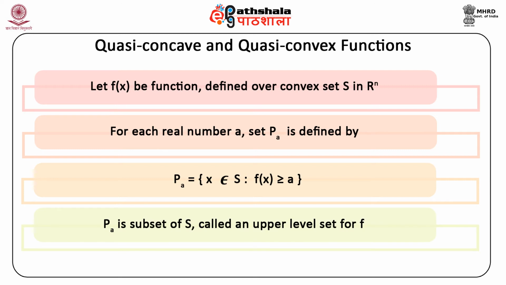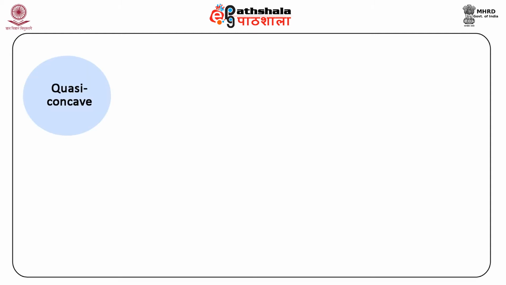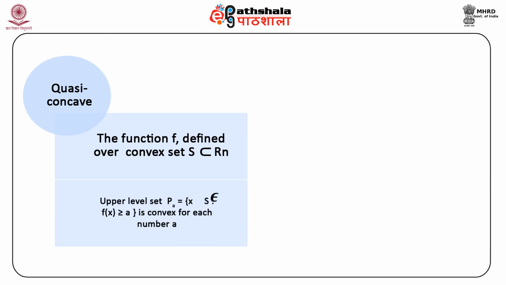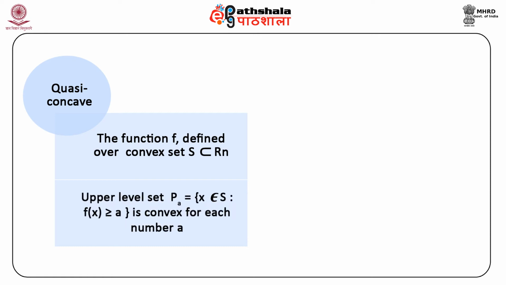Then Pa is a subset of S that is called an upper level set for f. Quasi-concave. The function f defined over a convex set S in R^n space is quasi-concave if the upper level set Pa is convex for each number a.